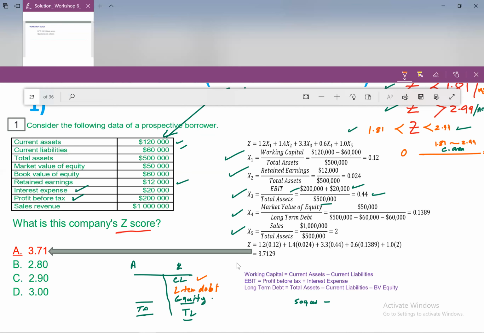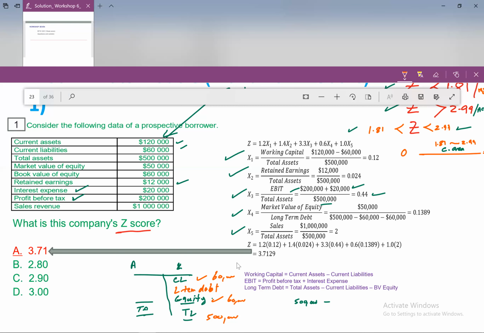I know this is 500,000. I know the current liabilities are 60,000. And I know the book value equity is 60,000.